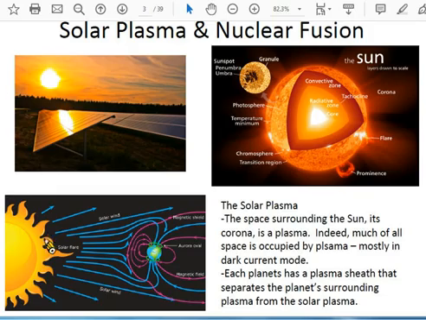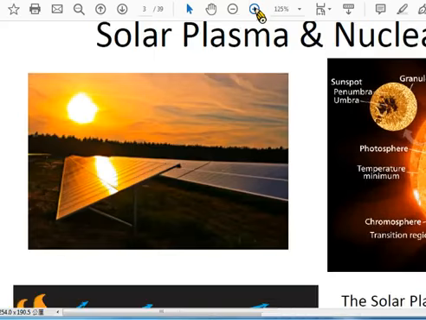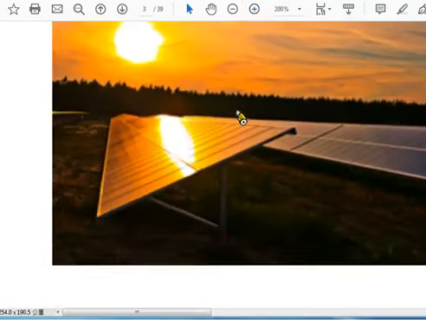Sometimes the sun will also generate a burst of solar wind, a burst of electromagnetic waves, and a burst of ionized particles. These particles or radiations can travel a very long distance.